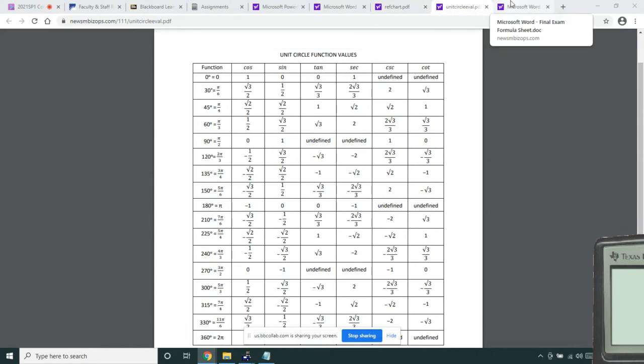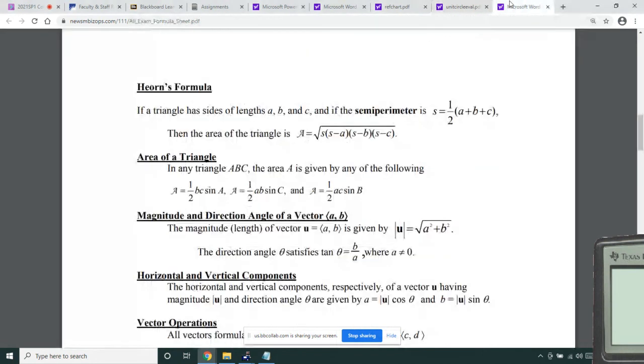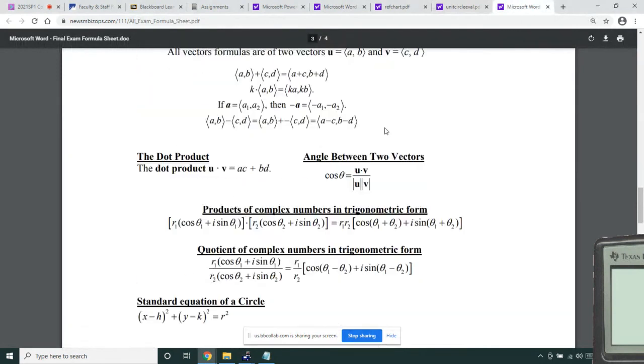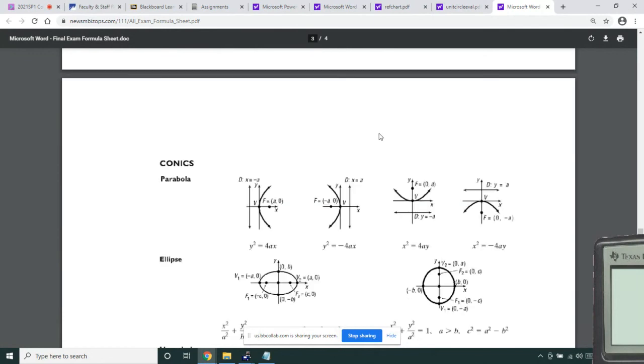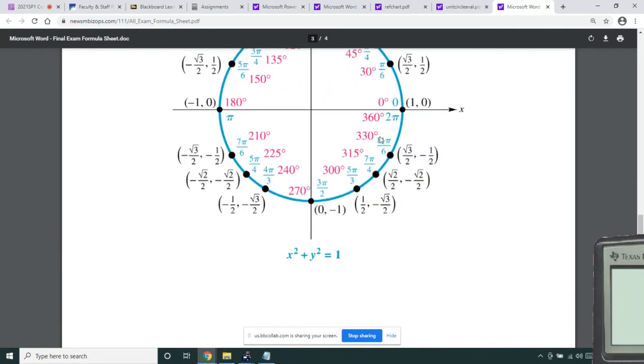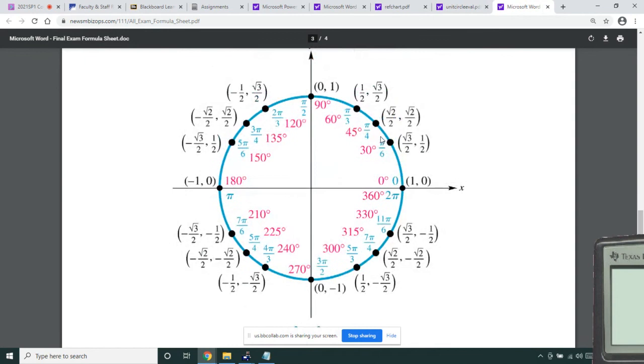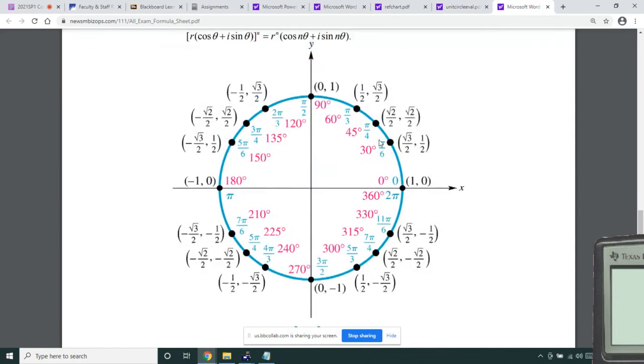So I'm going to pull up that exam formula sheet, and on the next to the last page, there is the unit circle. Now one thing about the unit circle, notice that all of the angles are positive. I'm looking for 210 degrees, notice that it's in the third quadrant.